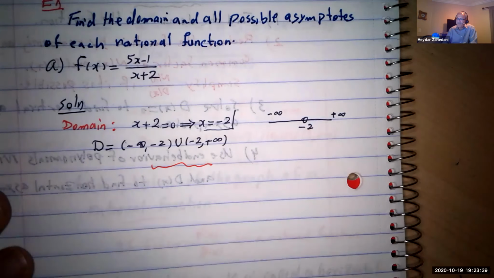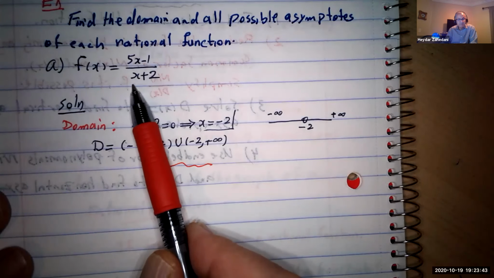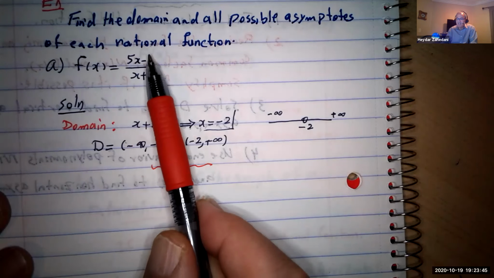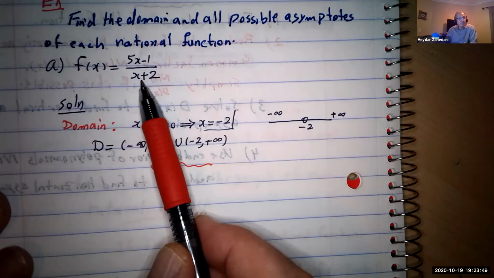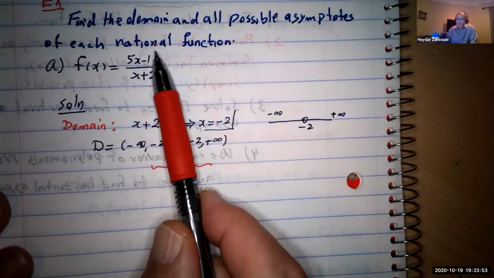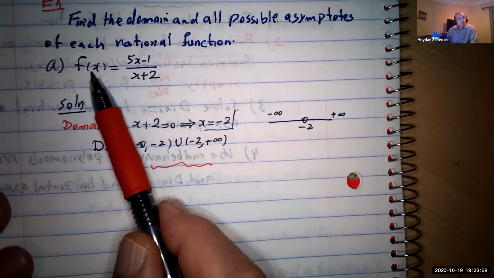The other way around, if the denominator gets closer and closer to 0, it's like dividing a number by 0. When the denominator is very small, the fraction would be infinity, which means y would be infinity.